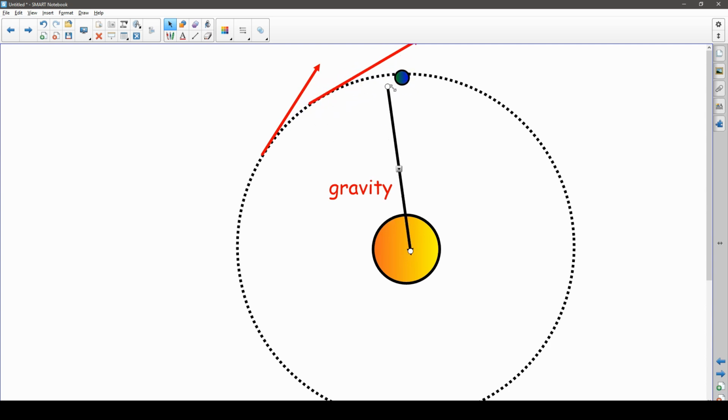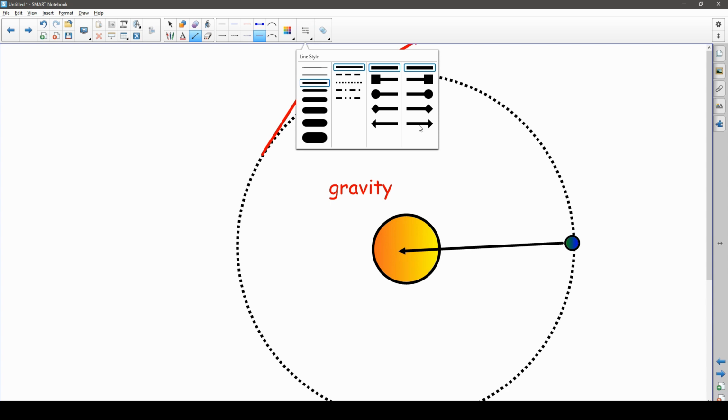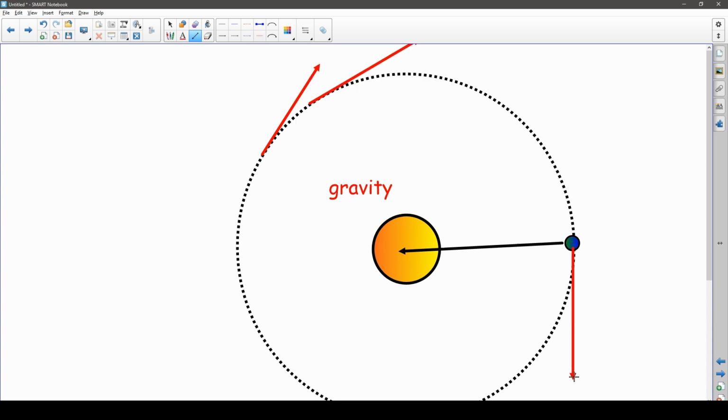And it turns out that no matter where you go, even if we're around here, our planet wants to go at a constant speed in a straight line. It wants to go this way, but it doesn't follow that path because the gravity makes it come this way.